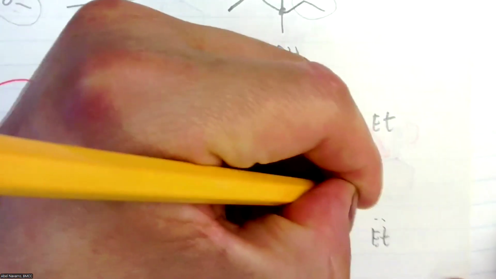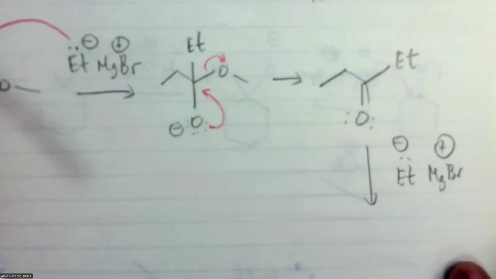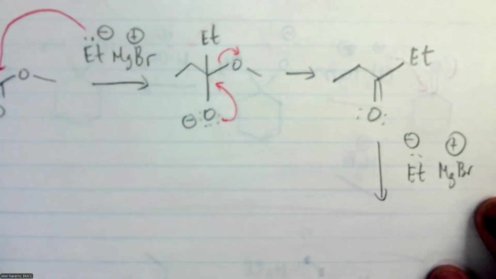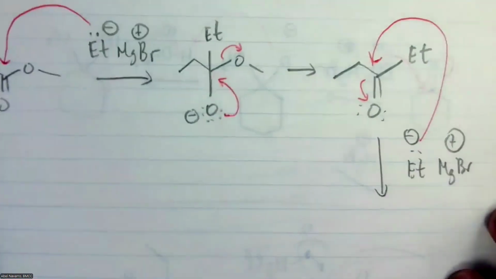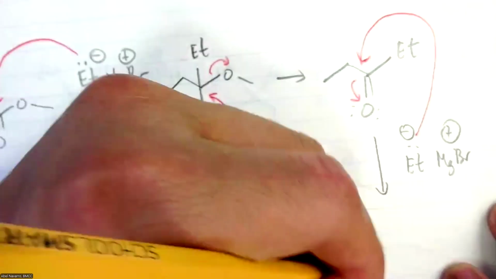Now, since I have excess of Grignard, the Grignard will add again to the ketone that I just made. The ketone I just made will be attacked by the Grignard, and then I will add another ethyl here.